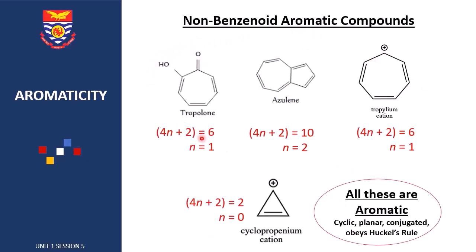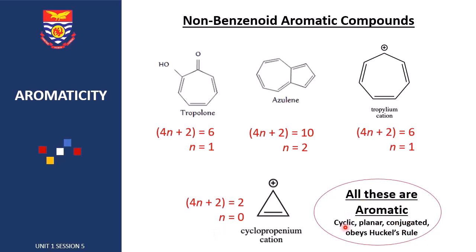These are other examples of non-benzenoid aromatic compounds. We have tropolone, the tropylium cation, azulene, and then the cyclopropenyl cation. All these structures are aromatic.